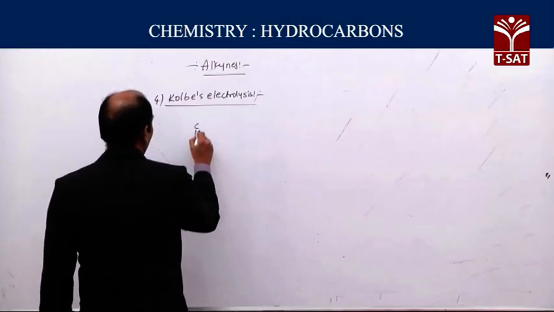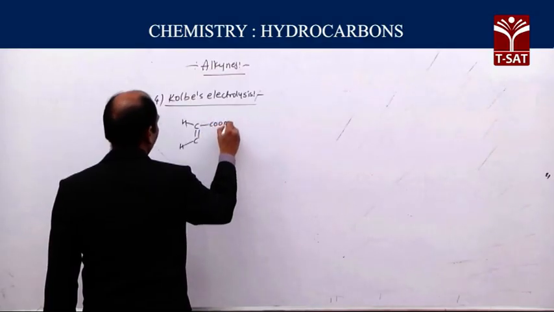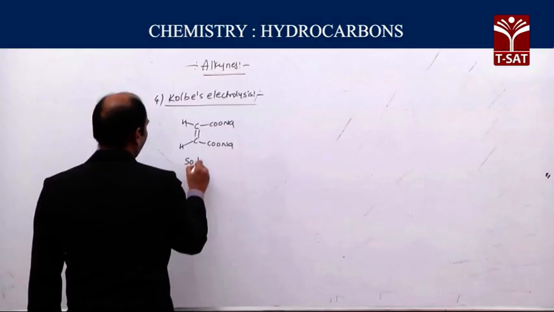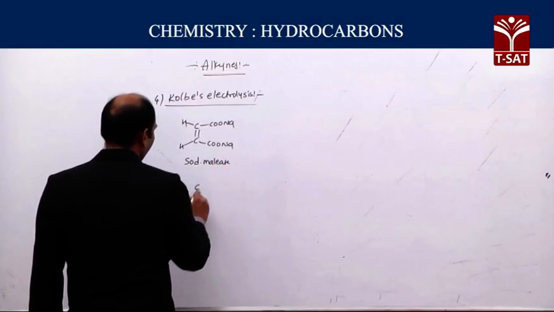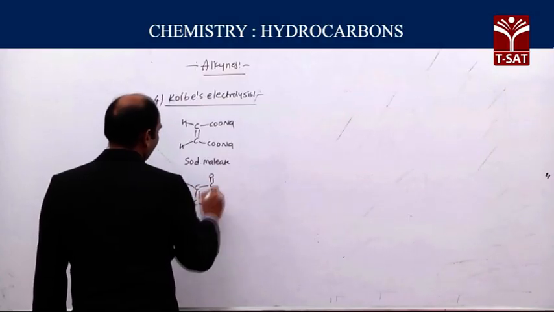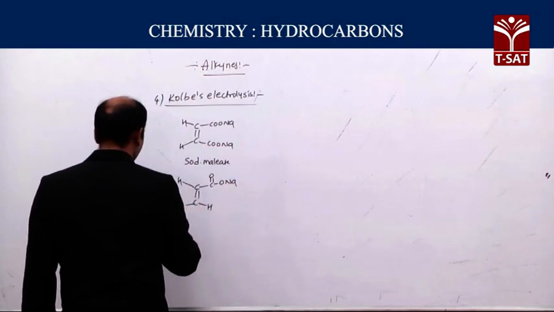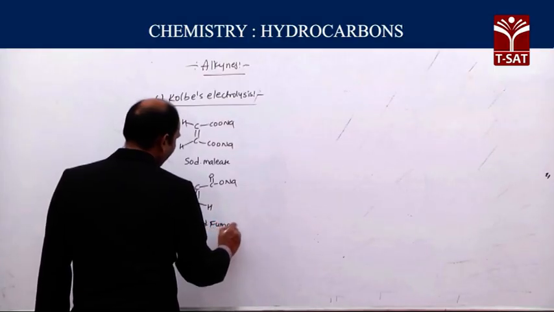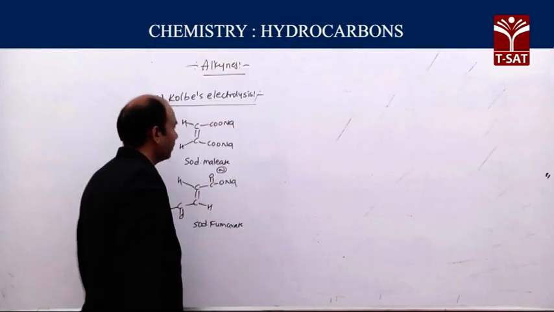If we take HC=CH with COONa on each carbon, this is called sodium maleate, or the other geometry, this is called sodium fumarate. Sodium maleate or sodium fumarate, you take anything.